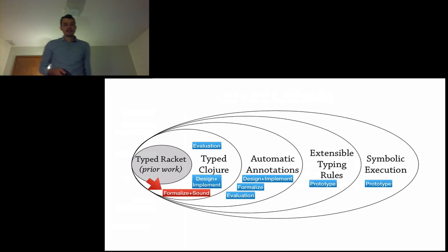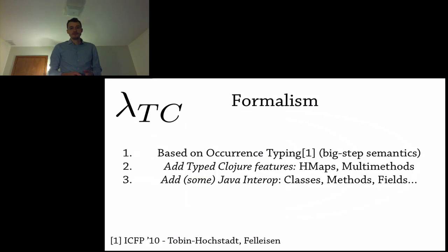All right, so now let's look at how I formalized Typed Clojure and proved its soundness. So I started with Typed Racket's formalism of occurrence typing, and then I added some Typed Clojure features, namely I added heterogeneous maps and multi-methods, and then some Java interoperability, namely classes, fields, and methods and constructors, that kind of thing.